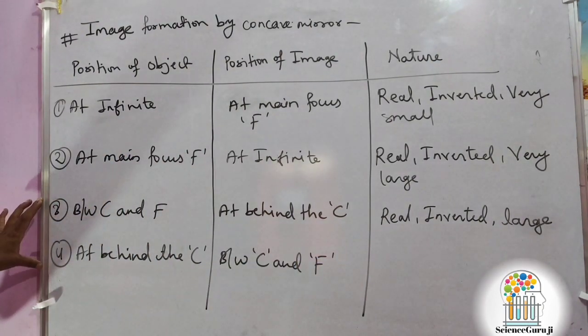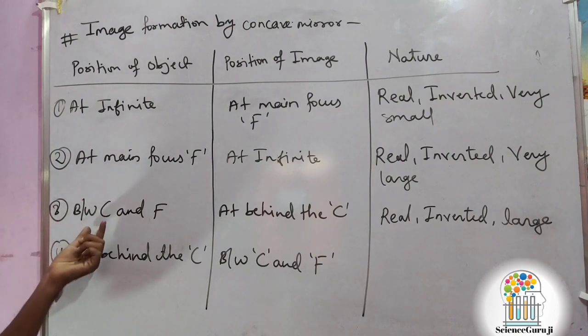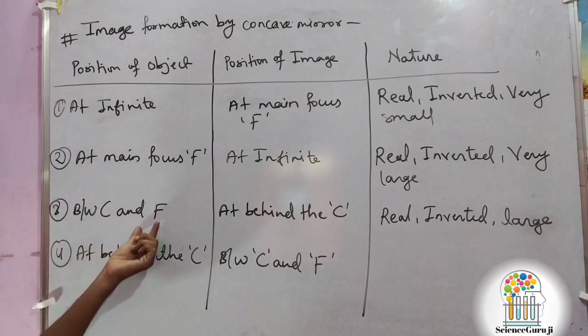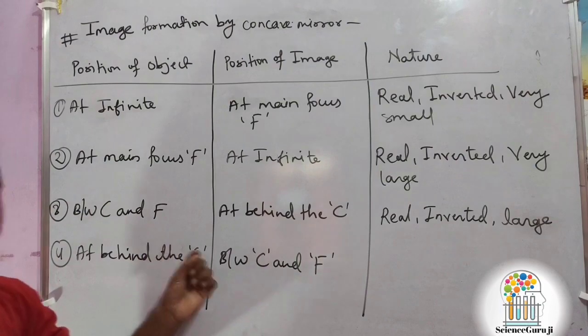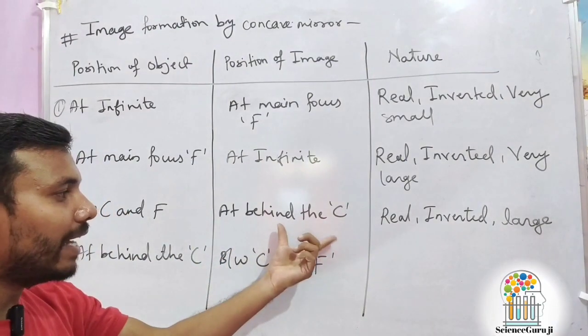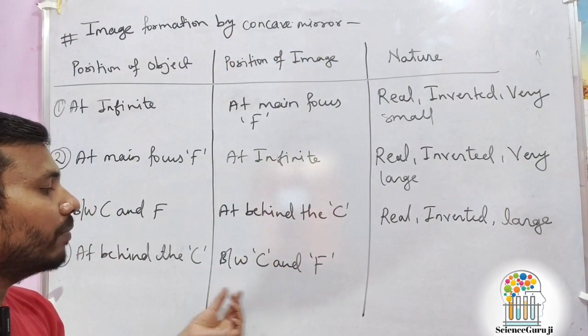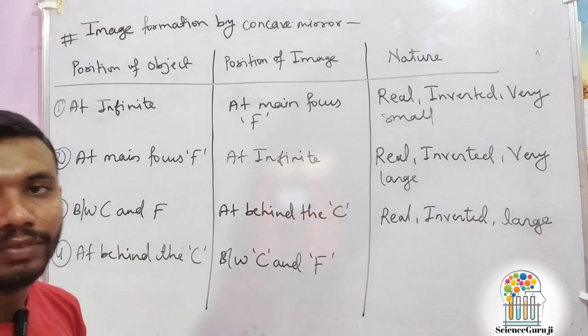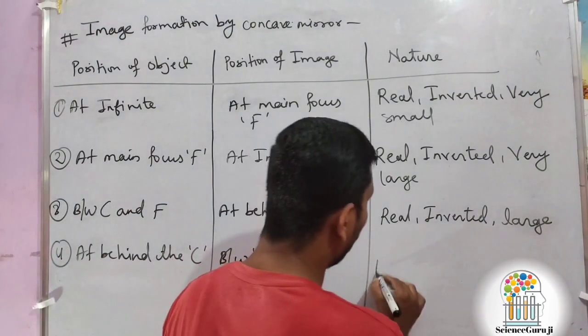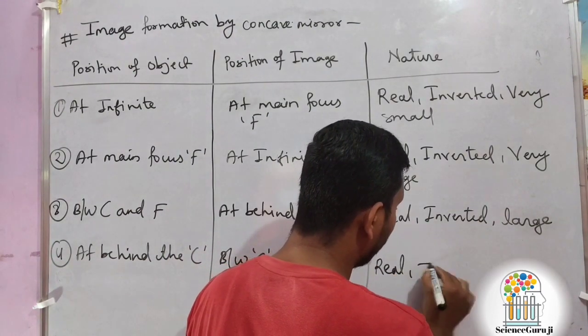They are correlated with each other. If we put the object in between C and F, then the image forms behind C, and if we put the object behind C, then the image forms in between C and F. And here one thing: all our images are real and inverted.